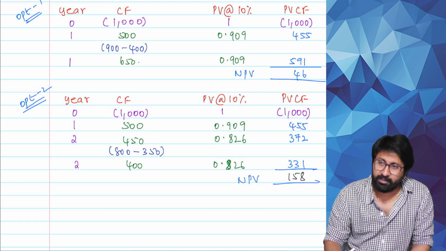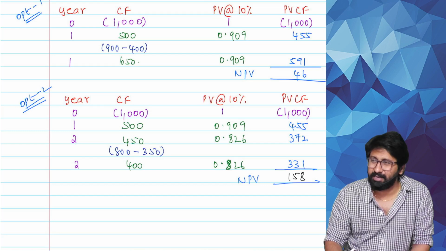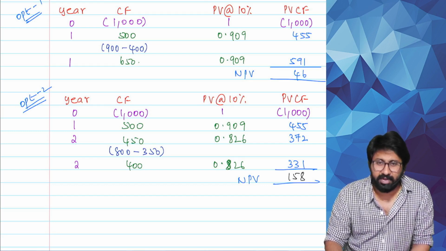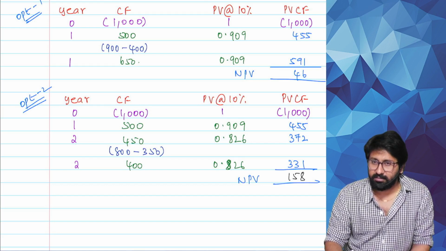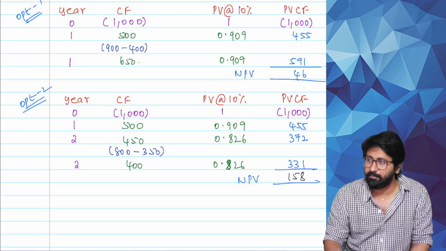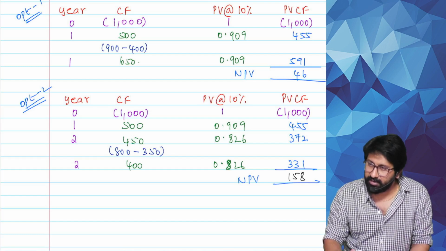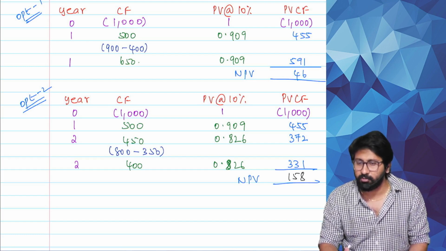Are you all doing it? Don't copy from the screen, please. It is the normal calculation only. The representation is what is important. Have you done option 2?